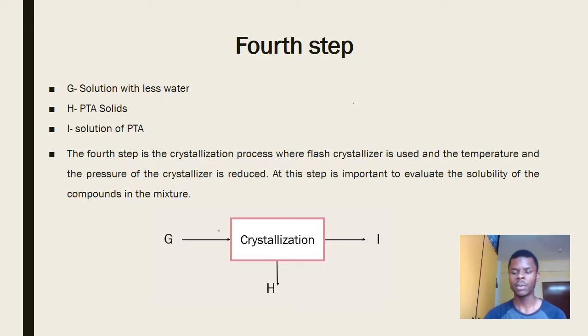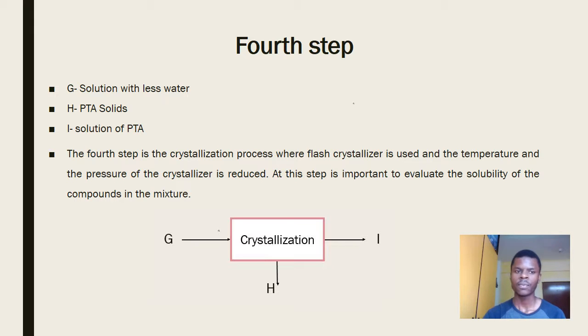And down here, we have the solids of PTA with 4-CBA concentration less than 25 ppm. This is a very important process because it turns out to be the key of the whole process, because we get the purified TA. This is our main goal, to get the purified TA. So basically this is the whole process of the system.